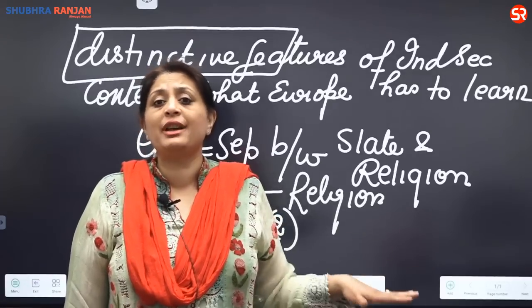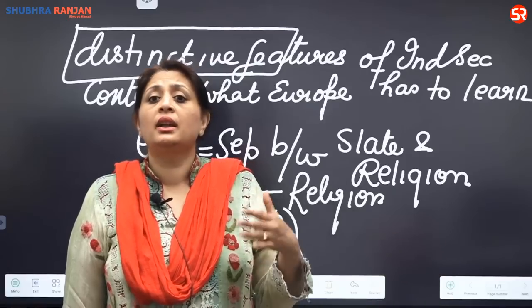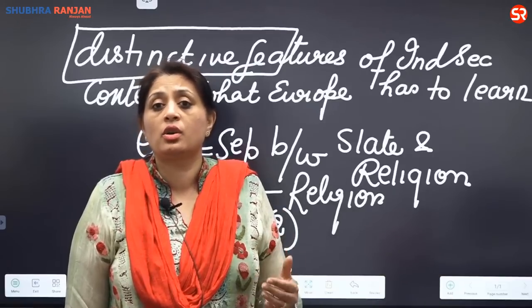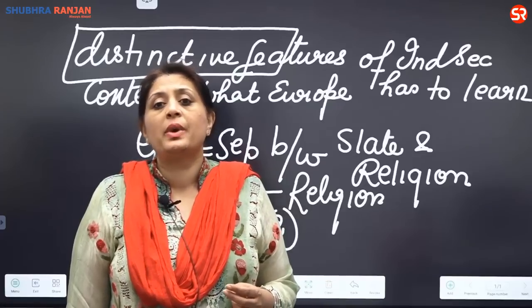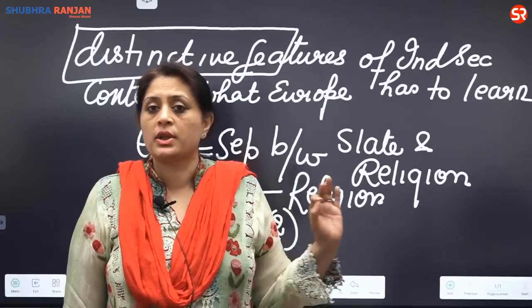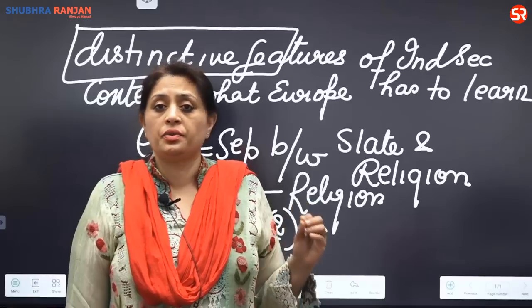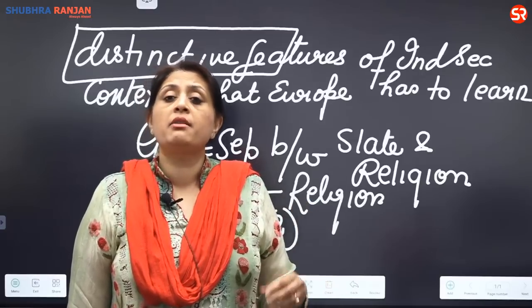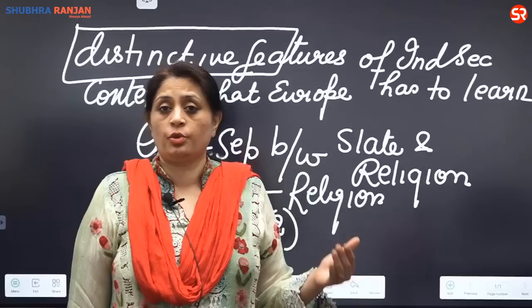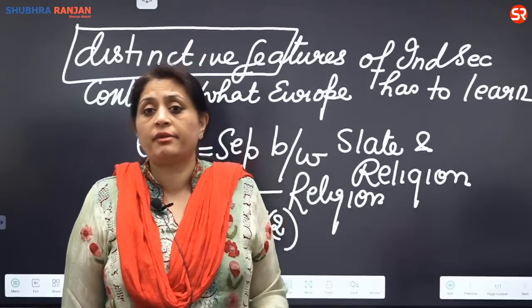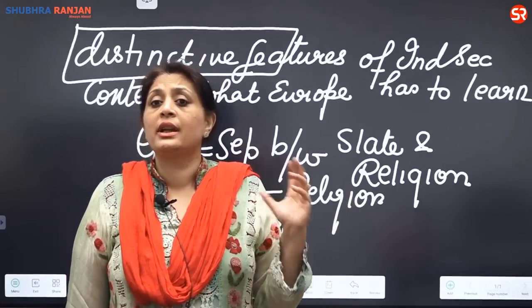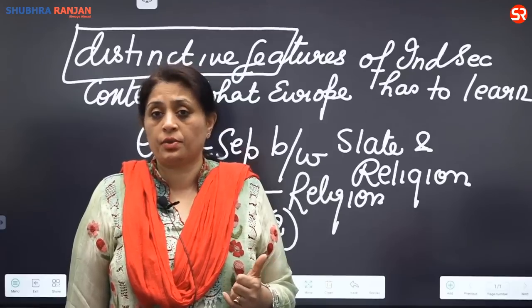Now what can the West learn? The West can learn because the Western model is based on equal citizenship, things like a uniform civil code. But in Western countries, because of globalization, migration and refugee movement, these societies are also becoming very heterogeneous.